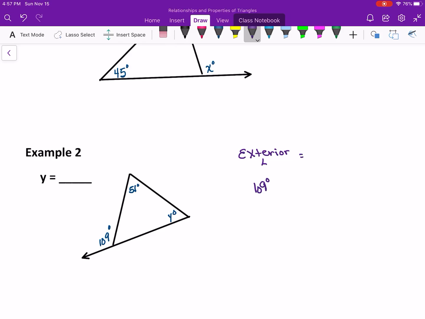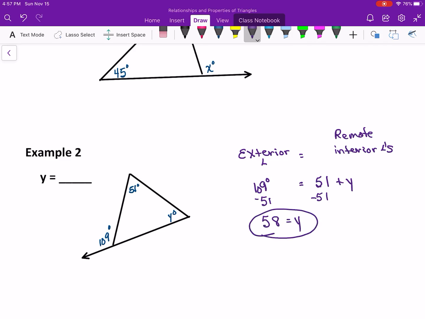And that is equal to the sum of the two remote interior angles, the two angles inside the triangle that are the furthest away from that 109 degree angle. Well, that's the 51 and the y. We were asked to solve for the variable, so let's subtract the 51 from both sides of the equation. So y is 58 on this one.